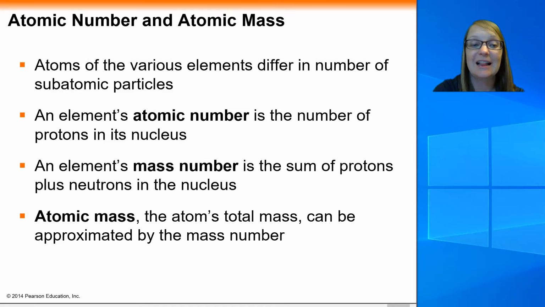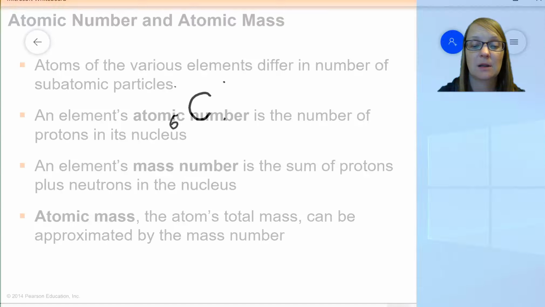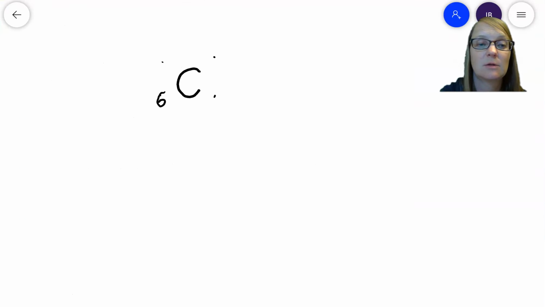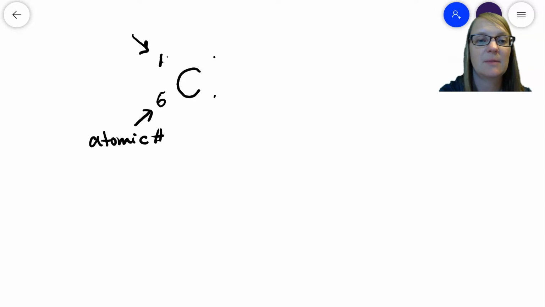Next is the element's mass number. Mass number is the sum of protons plus neutrons in the nucleus. So let's go back. This right here was the atomic number. The mass number is going to be written up here.